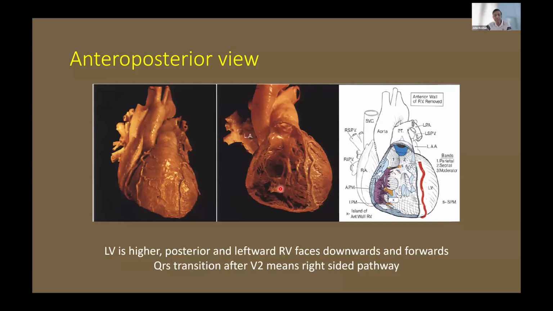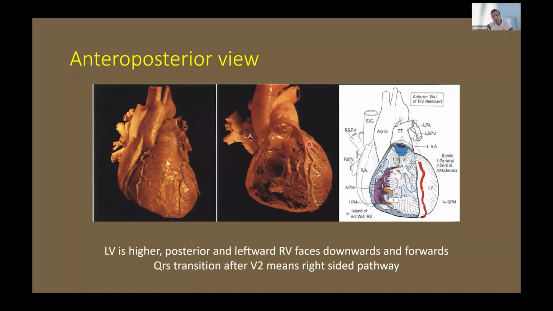And as Sirish had just told you, all pathways cross past the annulus. So obviously, left-sided pathways are going to be located higher up than right-sided pathways. They're going to be more posteriorly located than right-sided pathways, and they're going to be more leftward located than right-sided pathways. So these are some basic things to be aware of, because if you had a left-sided pathway, you now realize that that particular pathway is going to be located superiorly, posteriorly, and leftward.